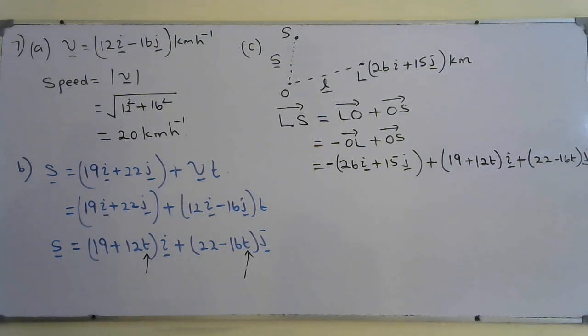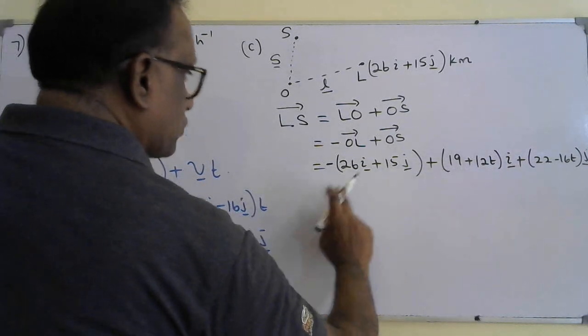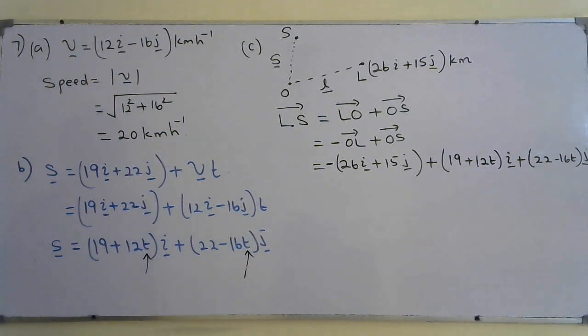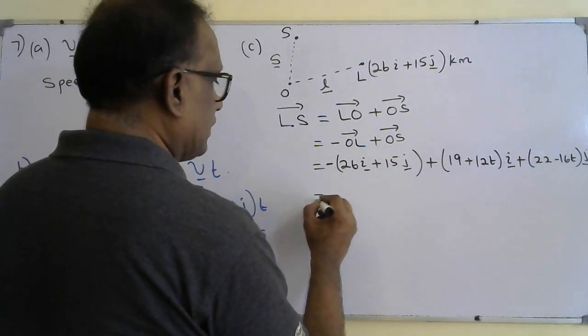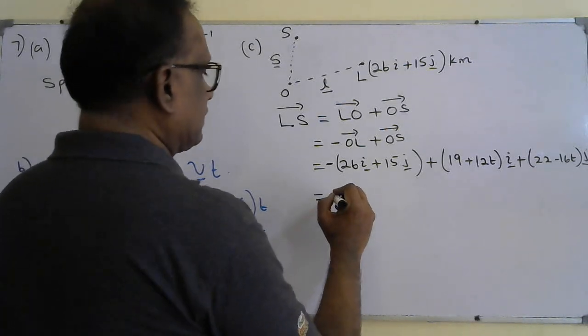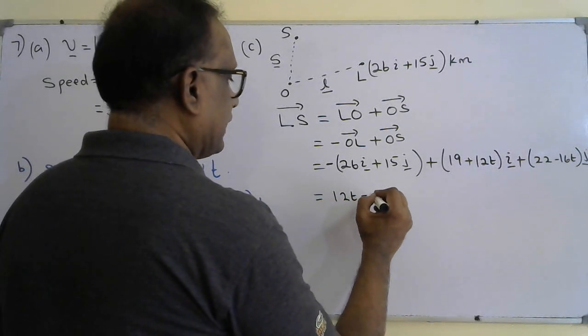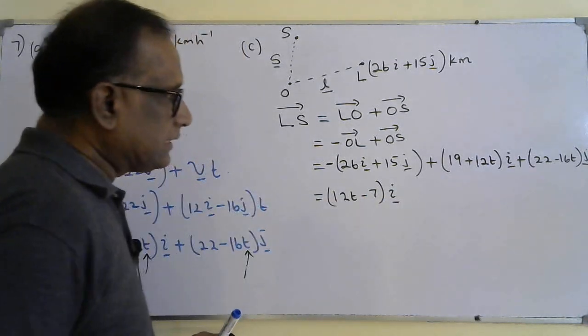Okay, so now rearrange that and solve it. Minus 26i, here plus 19i, so it's going to be minus 7i. Then in terms of t, you will get LS as 12t minus 7 i.